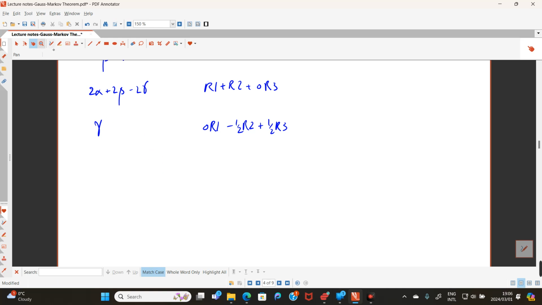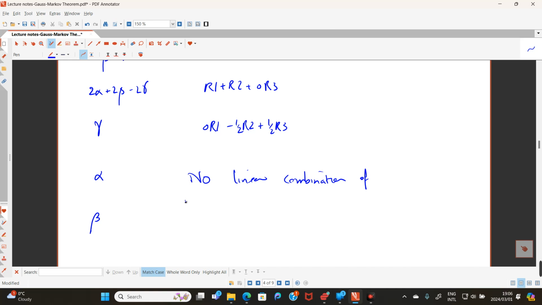However, there is no linear combination of the rows of XB to get alpha or beta.